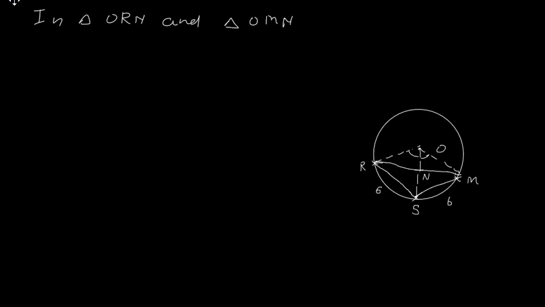Here we have OR is equal to OM. This is radius. Second, we have ON is equal to ON. This is common.